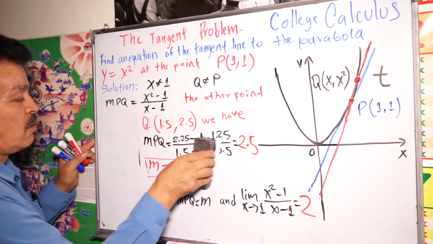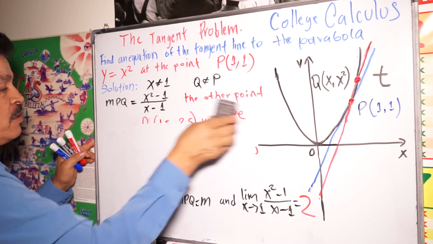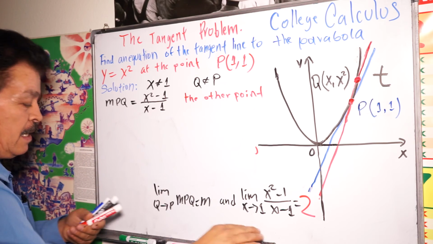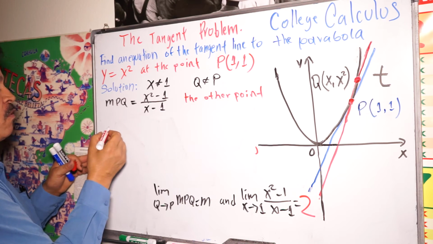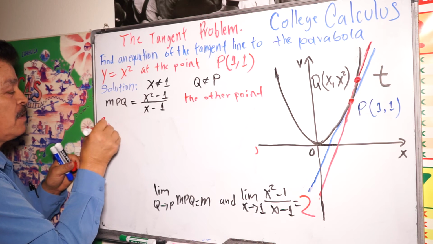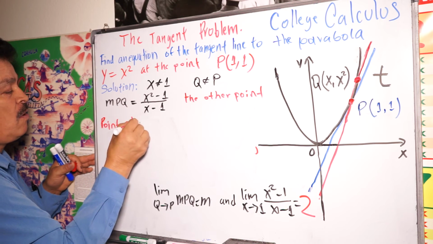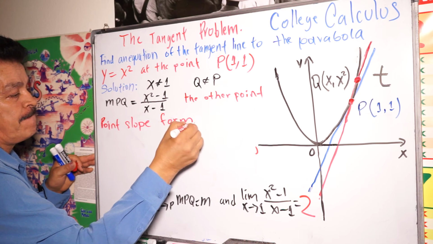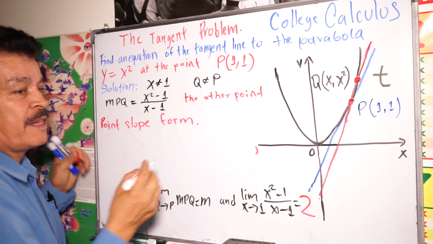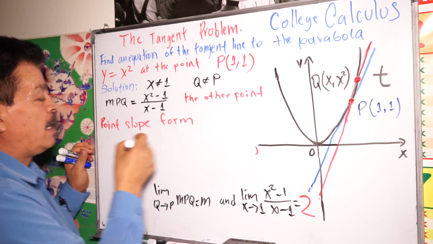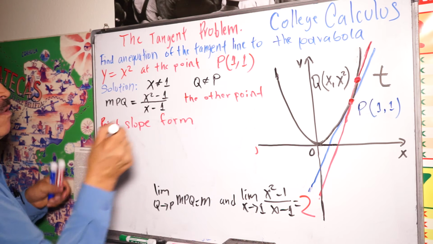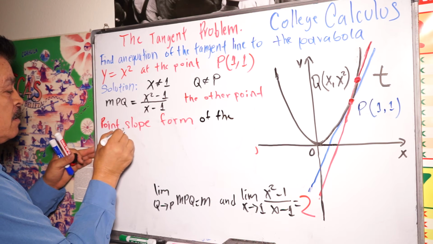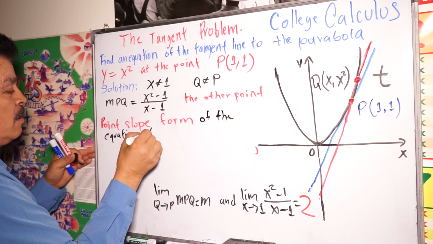Why is it easy? Look at this. I'm going to erase this information here and write the point-slope form. Remember the formula? The point-slope form of the equation of the line.